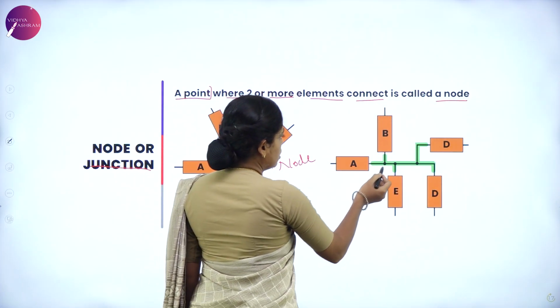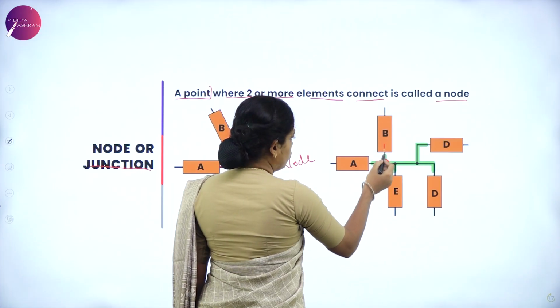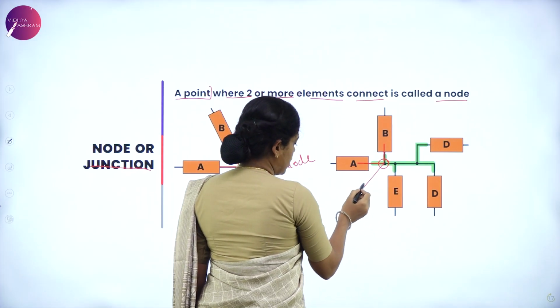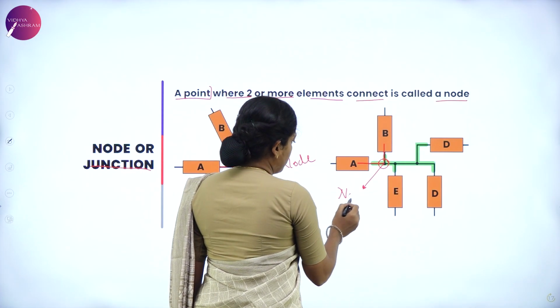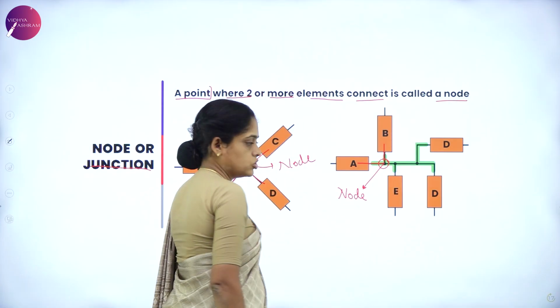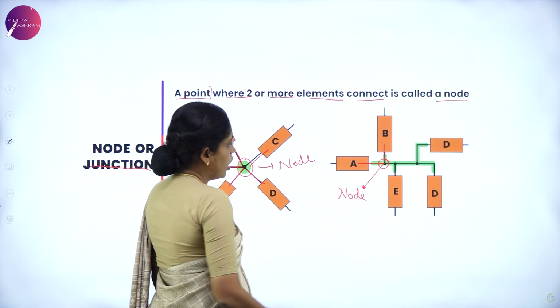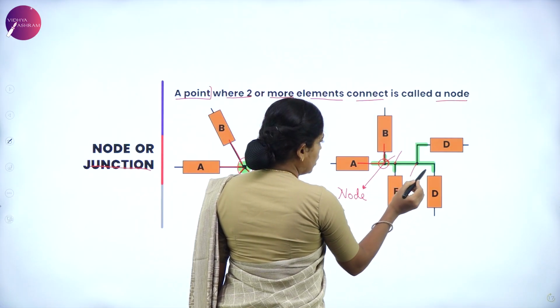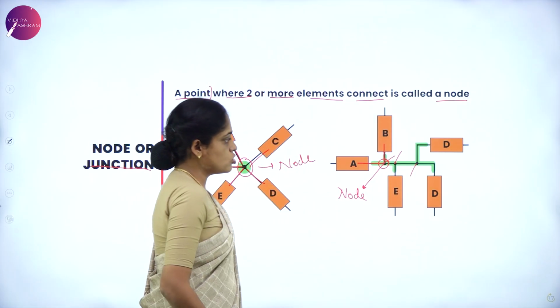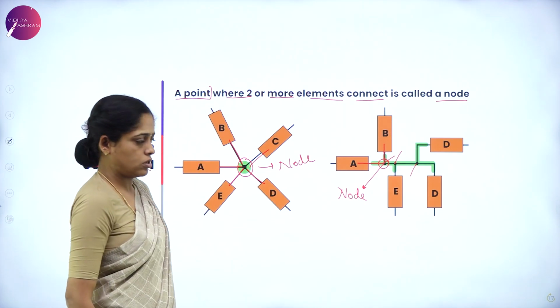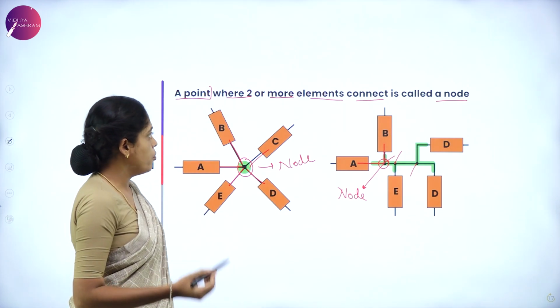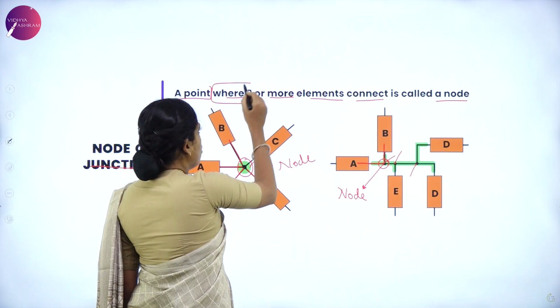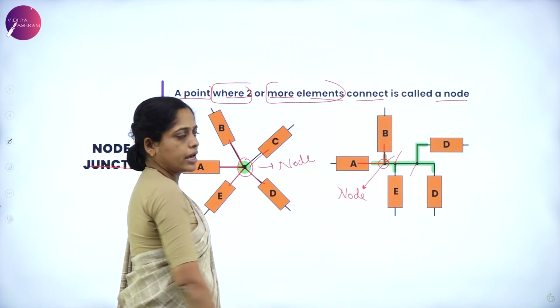Look at this. The point where two components are connected is known as a junction. And we have 1, 2, 3 junctions or nodes in this picture, where two or more elements are connected.